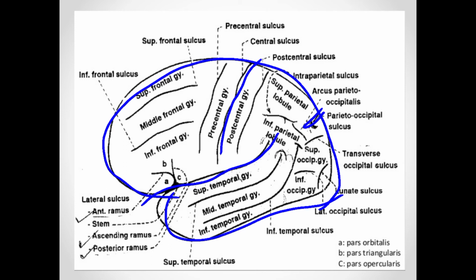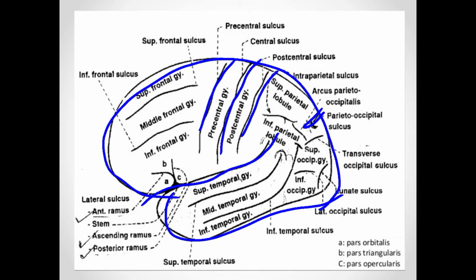In front of the central sulcus, we call it the precentral sulcus. Behind the central sulcus, we call it the postcentral sulcus.